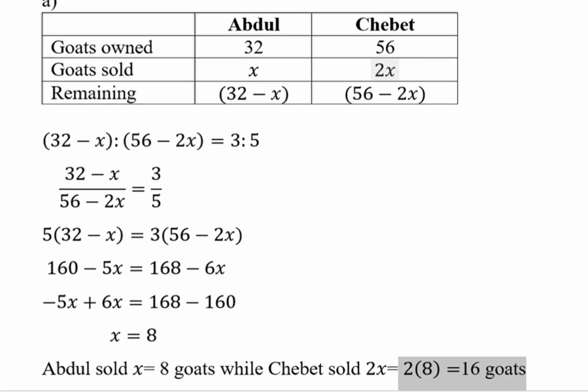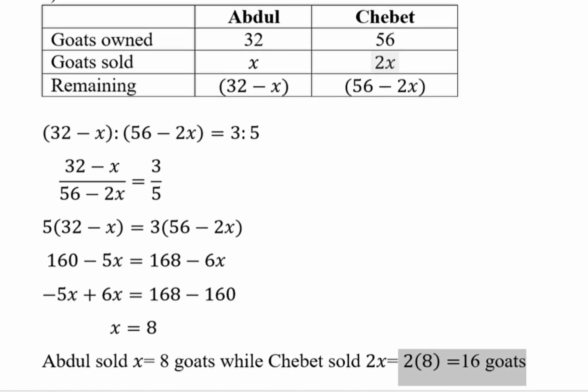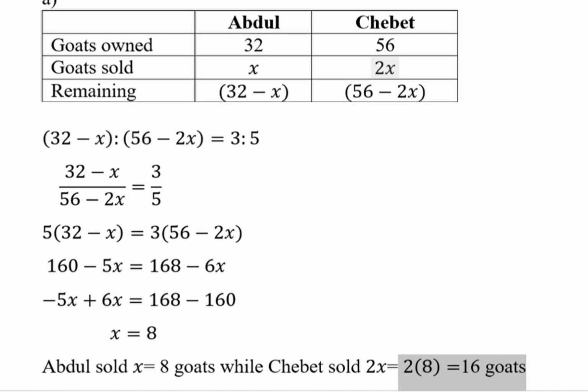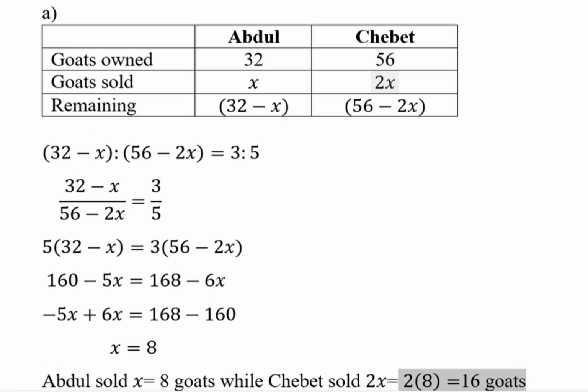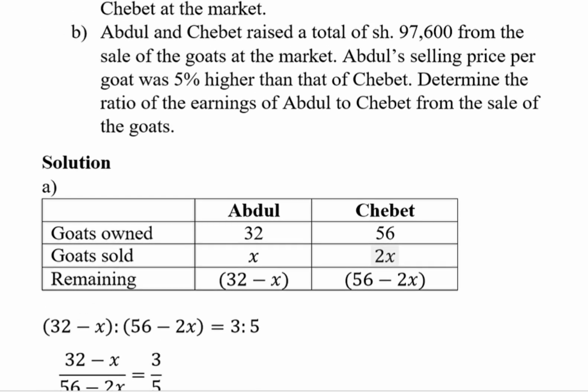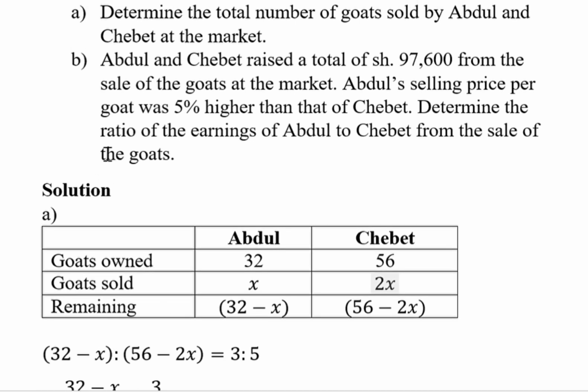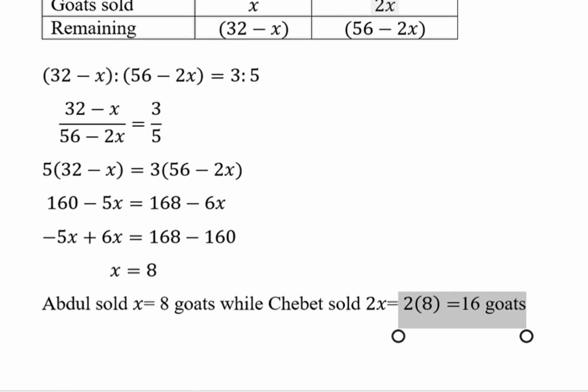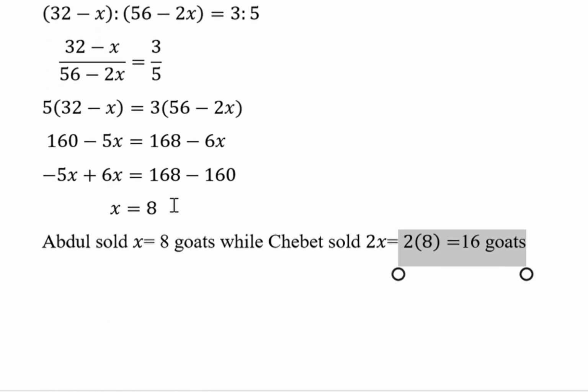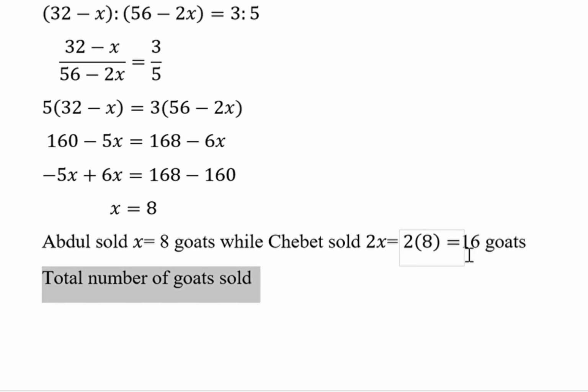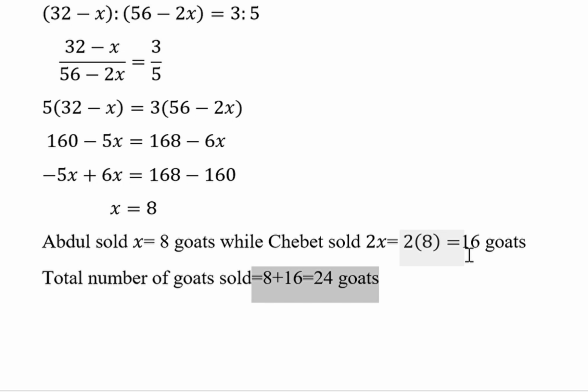The question does not want us to get the number of goats sold by the individual persons, but it requires the total. So we sum the two: 8 plus 16, and that gives us 24 goats.